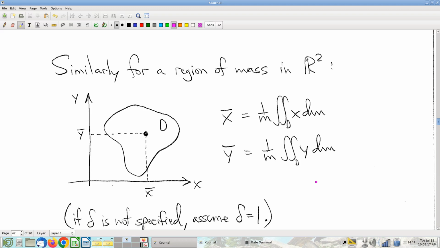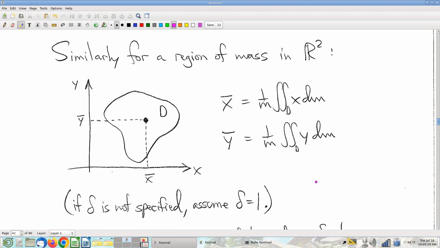So what if we had a two-dimensional region? And there's going to be a point of support on that two-dimensional region. And you could make arguments totally analogous to what we just did, asking first if I wanted to support that two-dimensional region of mass with a line, where is that line in the x direction?